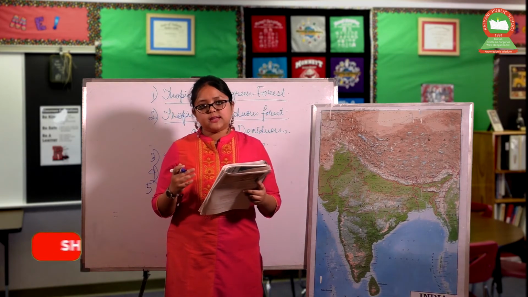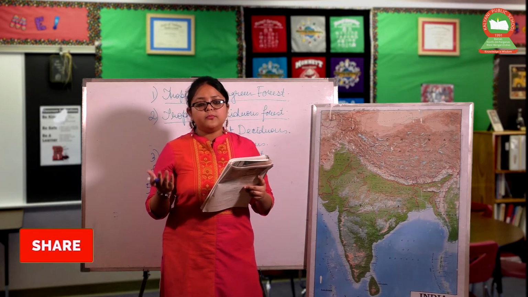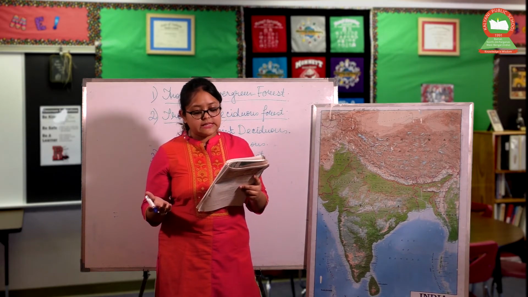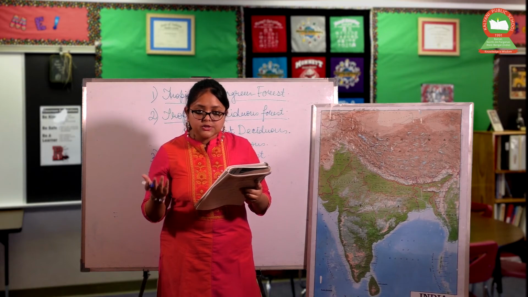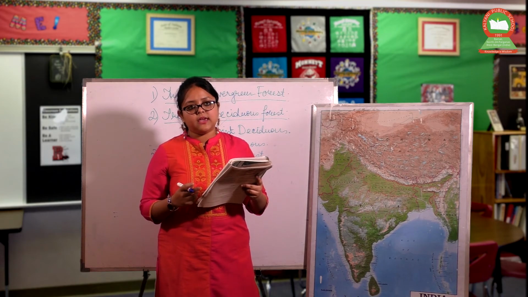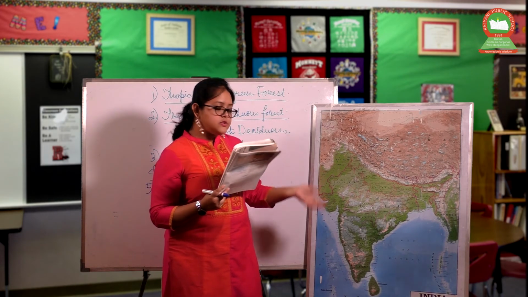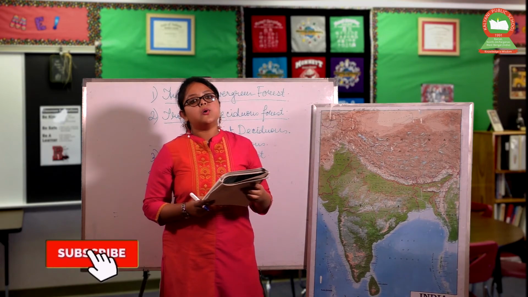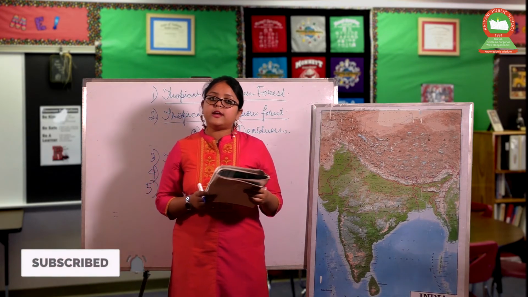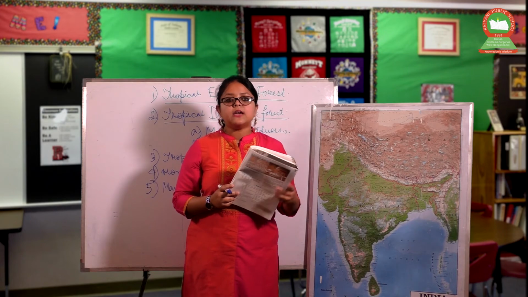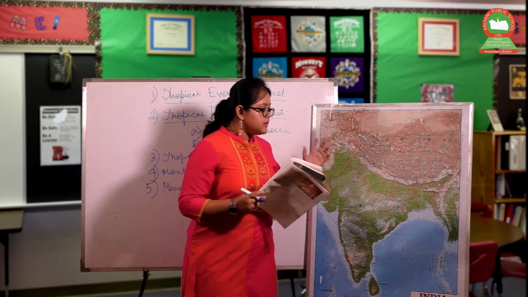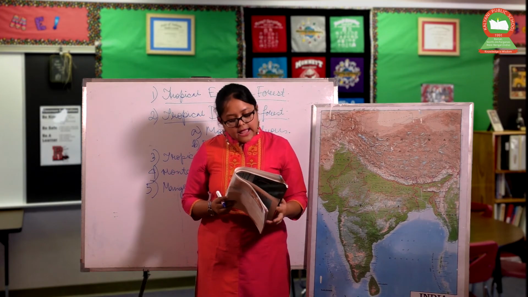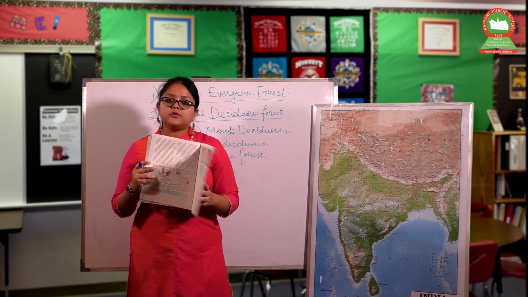How will we protect them? We are taking various programs like making national parks, and we have our biosphere reserves. In this way we can protect them. These are the various measures we can take to give them protection. Thank you. This is all about today's class.